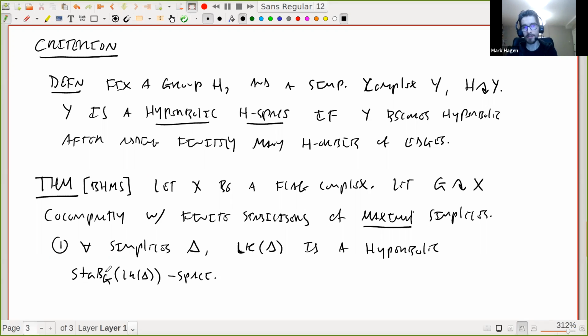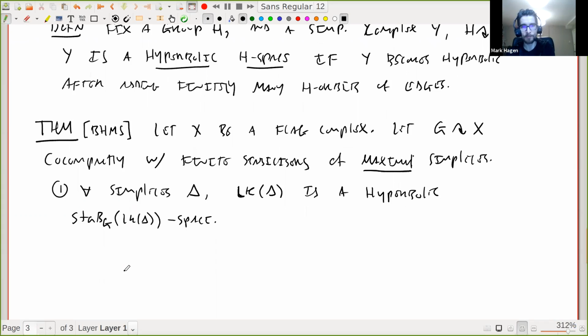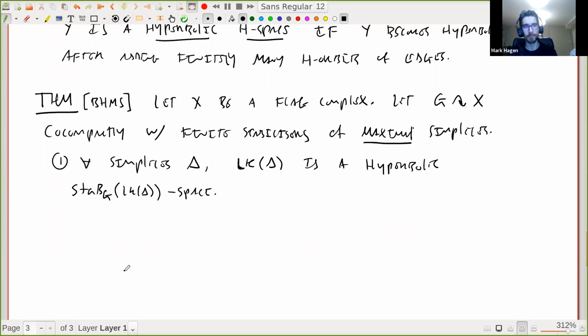I haven't said stabilizer of delta. I really mean the stabilizer of the link of delta. The idea being you could have a lot of different simplices with the same link as delta, and the group acting on the link is allowed to permute the different simplices that have that link. I'm just asking for the link to be stabilized. And so I'm saying if I added finitely many orbits of edges to the link, it would become a hyperbolic space.